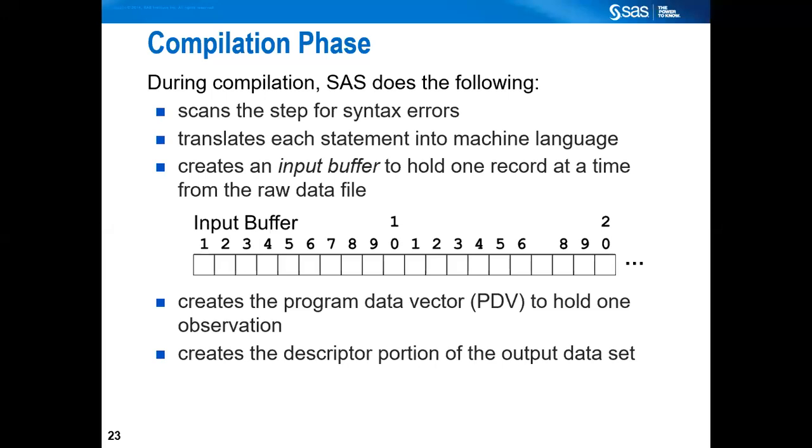So to hold the records in memory, SAS creates an input buffer. First of all, of course, SAS will scan the step for syntax errors. It will translate each statement into machine language, and it will create an input buffer to hold one record at a time from a raw file.